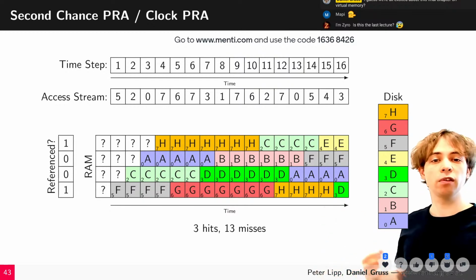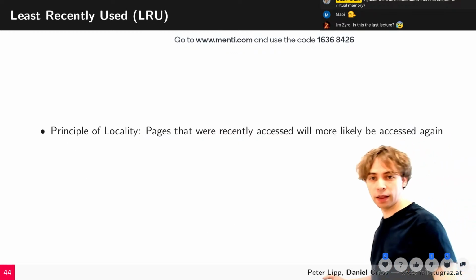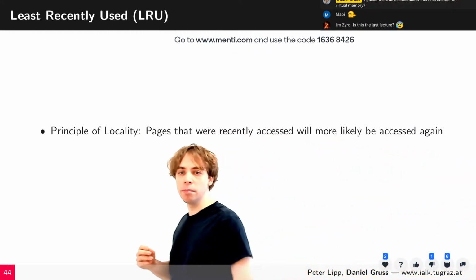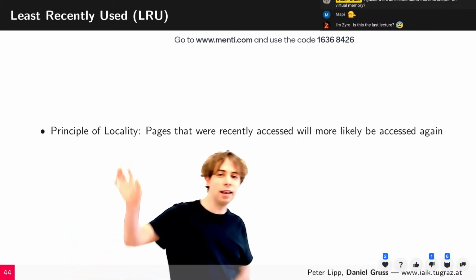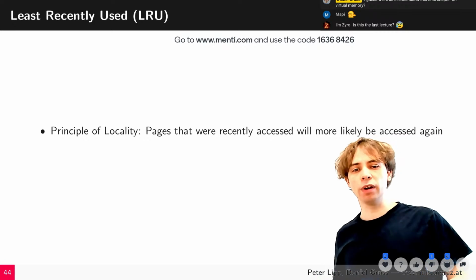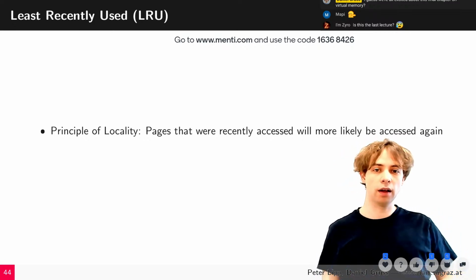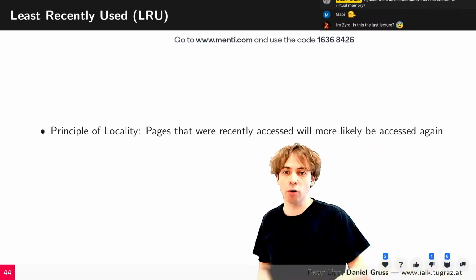So these algorithms you might already find in practice. A better algorithm that is much more relevant is least recently used. Least recently used, or variants of least recently used, is what we find in most systems today in the CPU, in the processor caches.